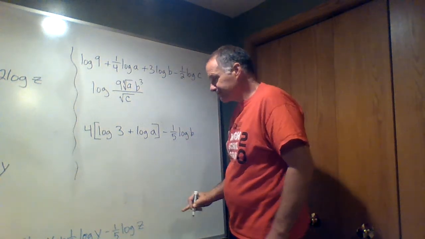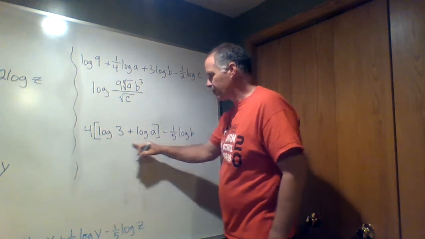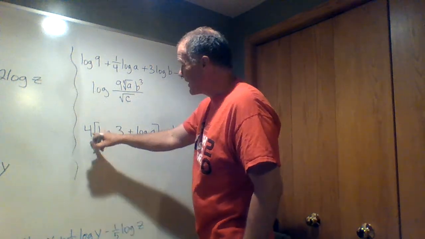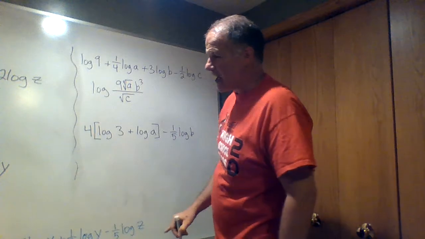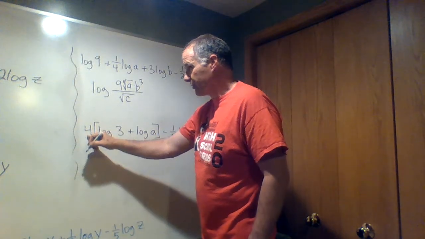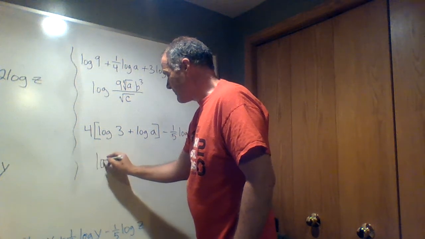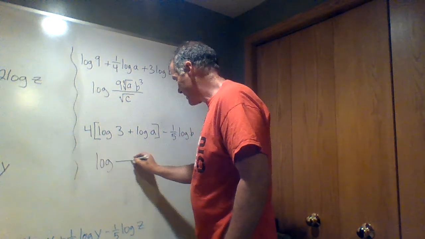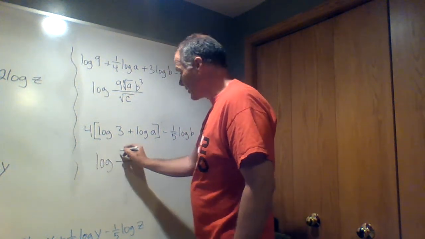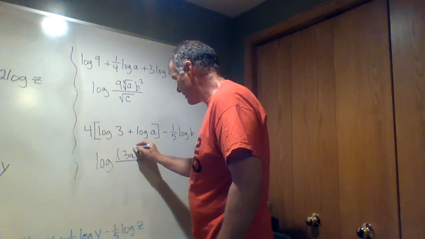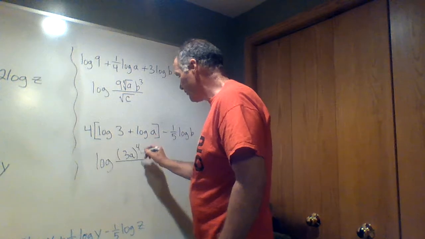Now, here we've got this bracket here. See that? Over on that other side, remember, we had a fraction in front. That was our answer. But I got a power. What that means is in the numerator, I'm going to have 3 and A being taken to the 4 power.